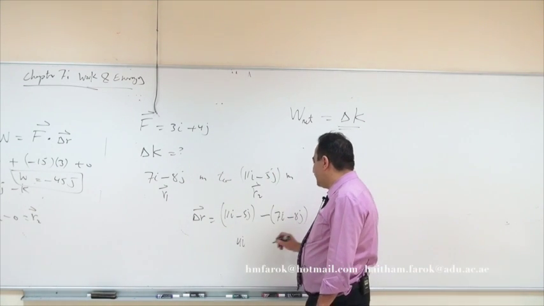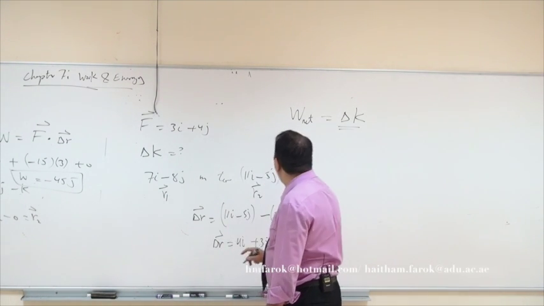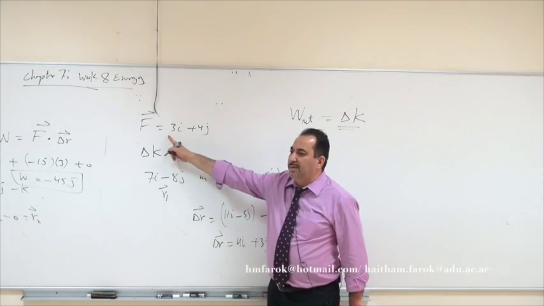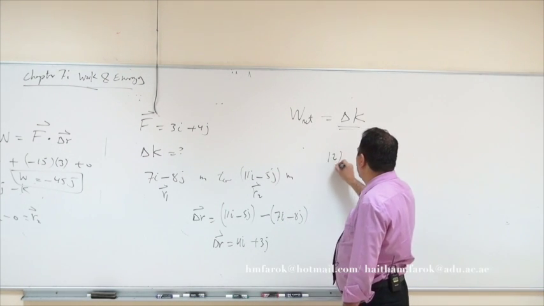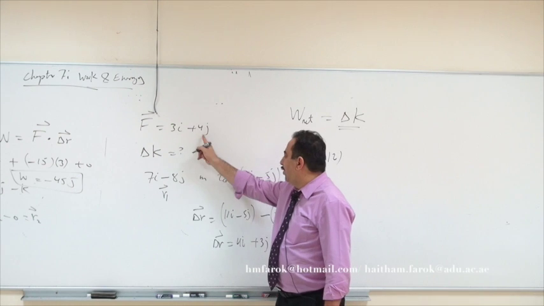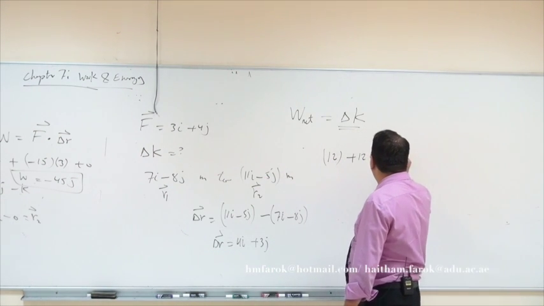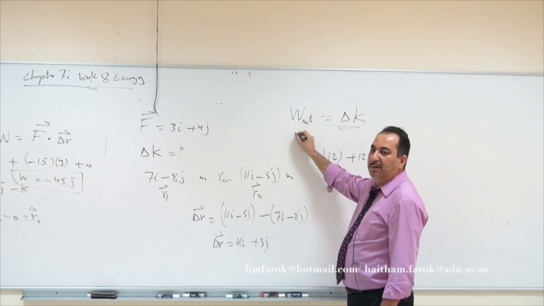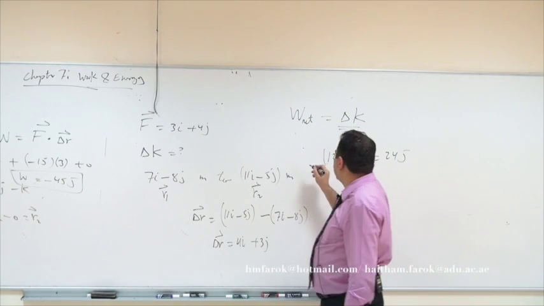Minus 5 plus 8, 3. Now do dot product. 3 by 4, 12. 4 by 3, another 12. 24 joules. This is W net. But W net is? So it's the same.